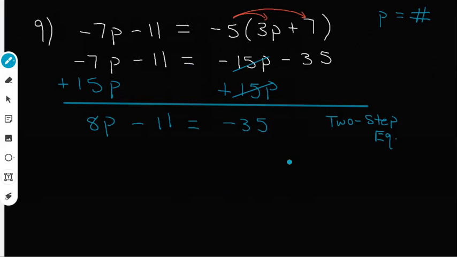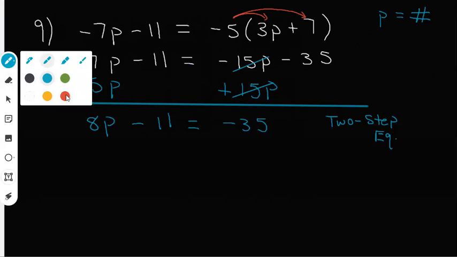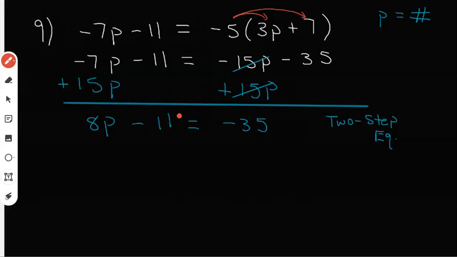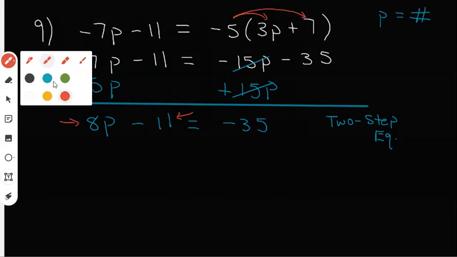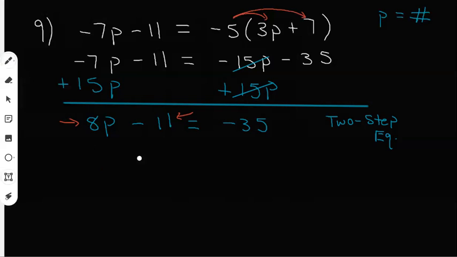So to do this, I need to get the variable by itself, which means I need to get rid of the minus 11, but I also need to get rid of the 8. We'll do the 11 first. To do that, I'm going to add 11 to both sides.